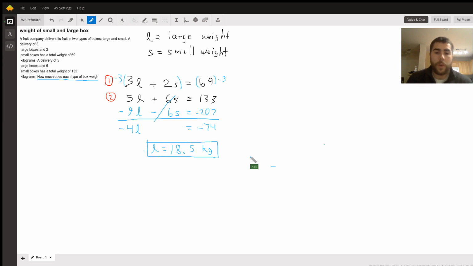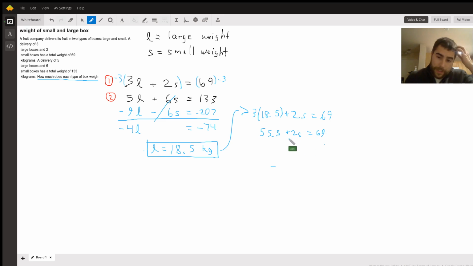Now we just need to solve for the smaller weight, which is S. We can substitute this into either one of the equations that we had to begin with. So we'll sub it into 3L plus 2S. So 3 times 18.5 plus 2S equals 69. 18.5 times 3 is going to give us 55.5, and that still equals 69.